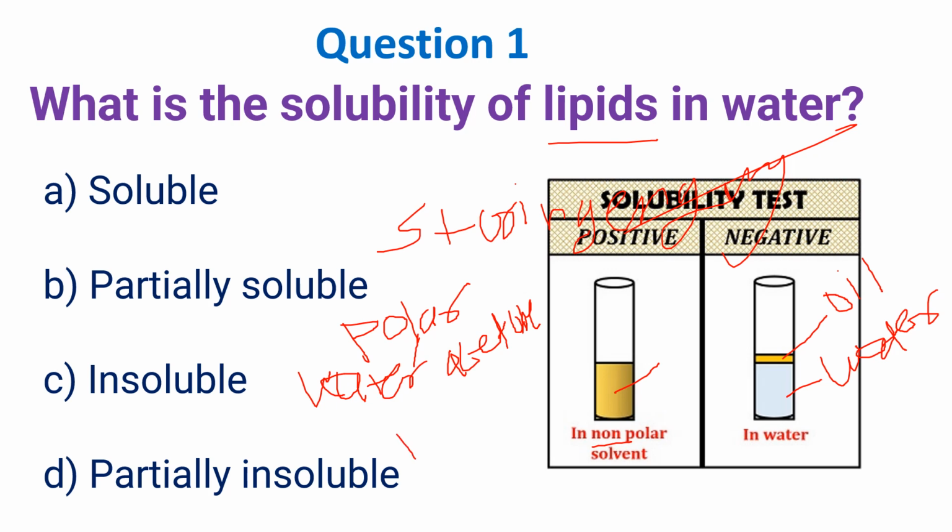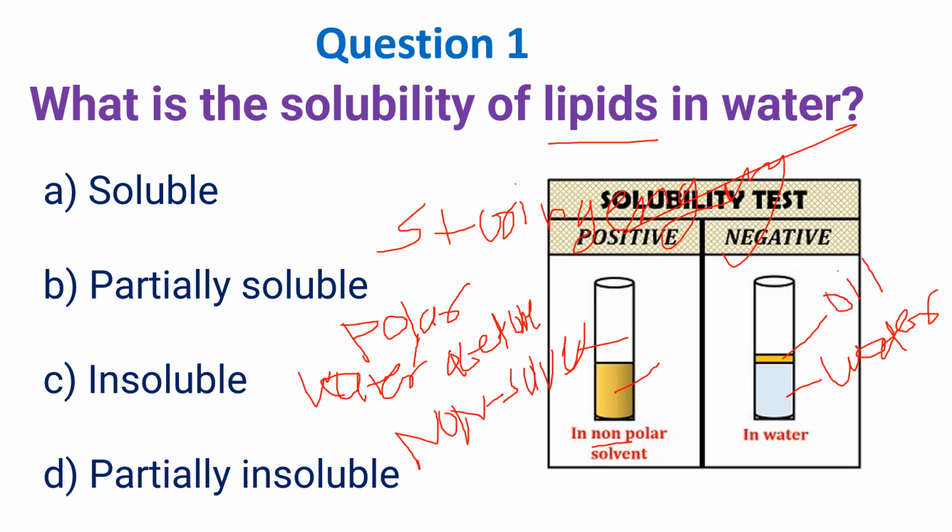And non-polar solvents are equally charged. They contain bonds between atoms with similar electronegativity, such as carbon and hydrogen.